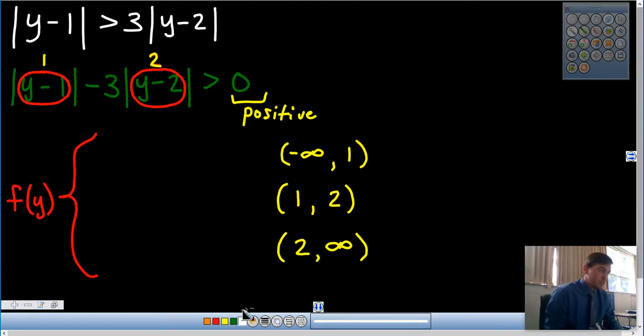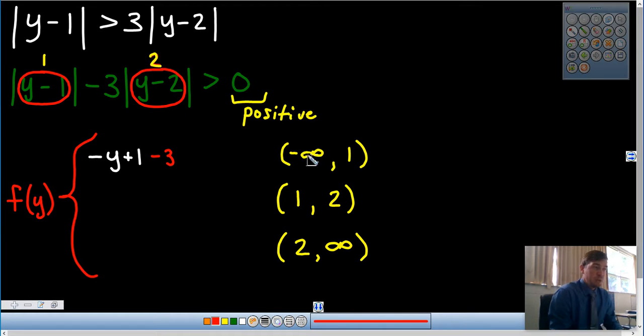So let's assess. We have numbers lower than 1 here. And if I plug it into this one, I'm going to be negative. And so I'm going to negate y minus 1. So if I distribute that, I would get a negative y and a plus 1. Then I'm going to write minus 3 times this expression, y minus 2.